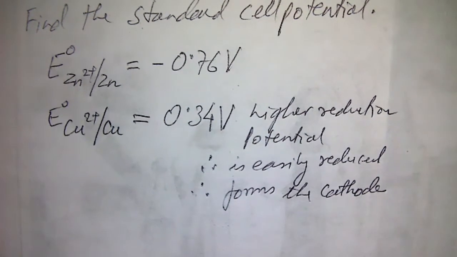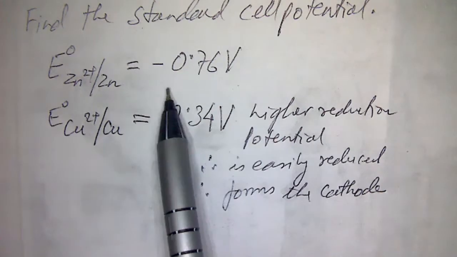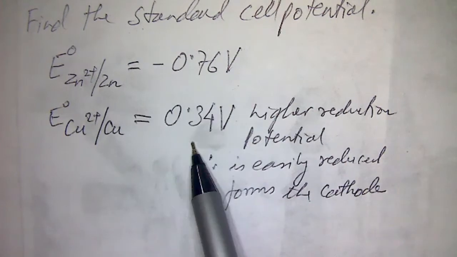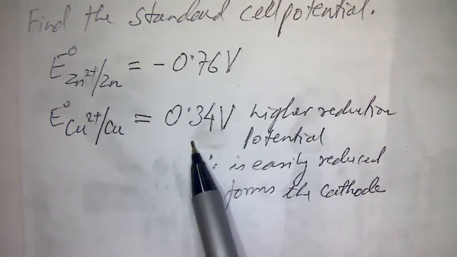So whichever two potentials are given. Yes, any problem, Sudeep? Sir, minus sign shows the reduction. Minus, these are reduction potentials, isn't it? So which is higher? This has a lower value. Minus means it will be less, and this is plus, so it is more, isn't it?